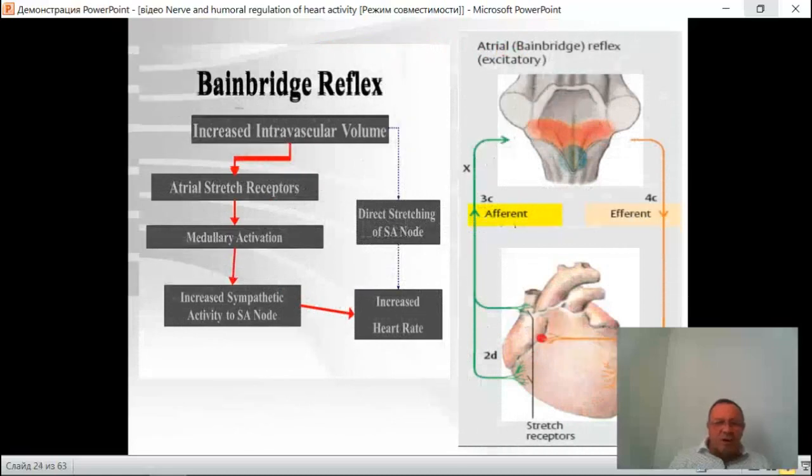The next slide shows the Bainbridge reflex. Increased intravascular volume results in stretch of arterial receptors, causing medullary activation and increased sympathetic activity to the sinoatrial nodes.